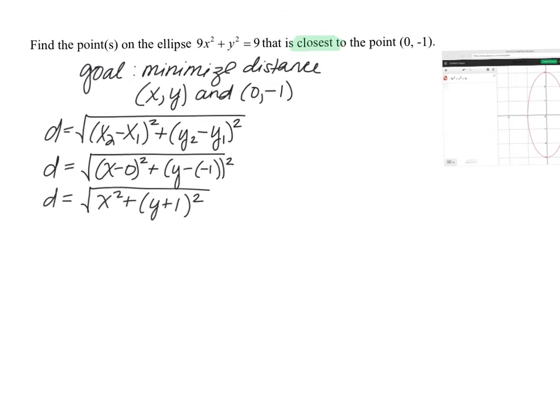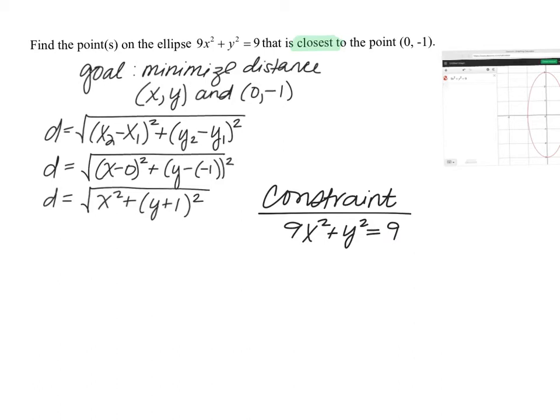All right, so the constraint equation, which was given to us, and I actually like to label it as the constraint. So my constraint is the equation for the ellipse, which is 9x squared plus y squared is equal to 9. Now, the purpose of this equation is to solve for either x or y, so we can substitute into our distance formula.